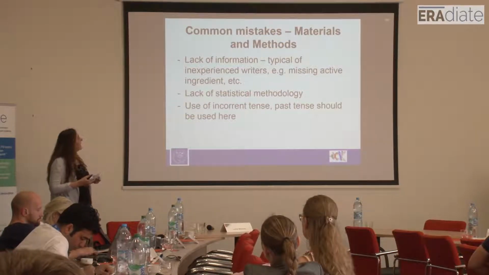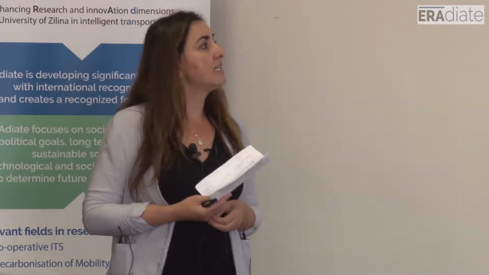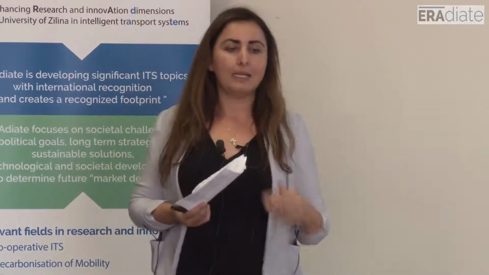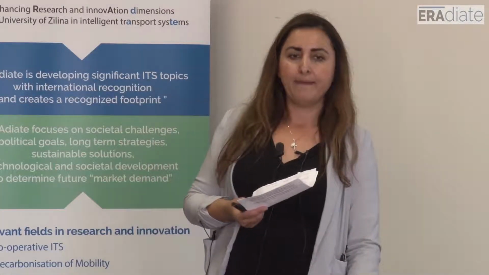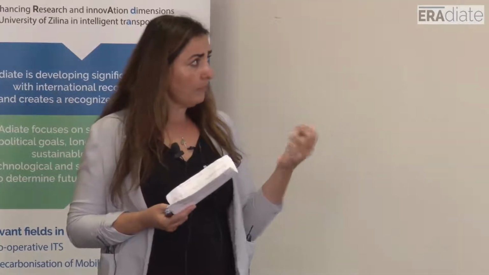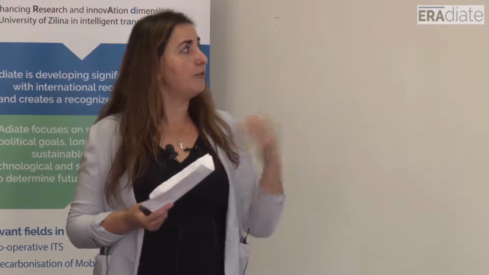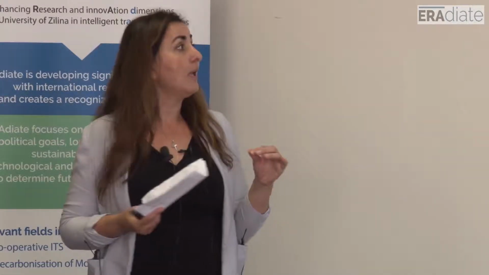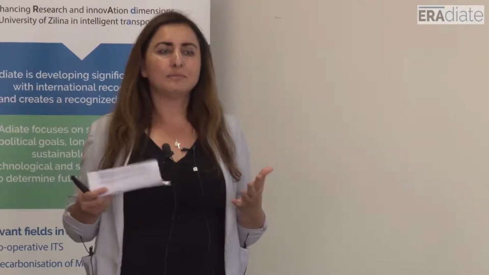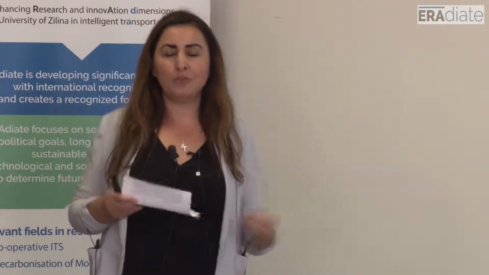Common mistakes: lack of information. This is maybe typical of inexperienced writers. For example, a missing active ingredient. Recently, I've been correcting a paper on fire retardants, and one of the comments of reviewers was related to missing active ingredients. They really asked, but what really caused the reaction?